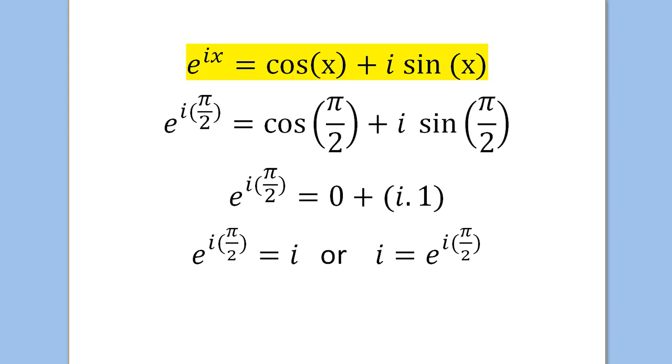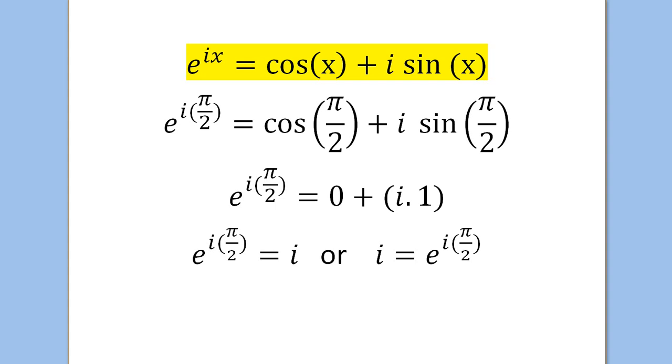If you want to convert it to degrees, then it will be 90 degrees. So e to the i pi over 2 is equal to 0 plus i times 1, because the cos of pi over 2 is 0 and the sine of pi over 2 is 1. Go on your calculator, you can check that. Cos of 90 is 0, sine of 90 is 1 in degrees.